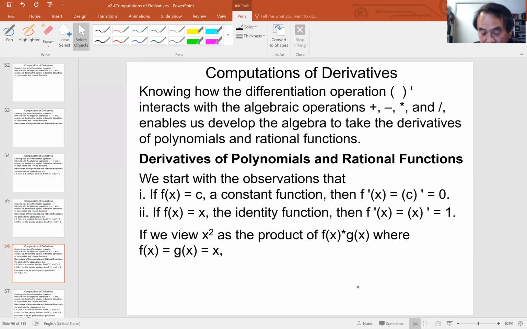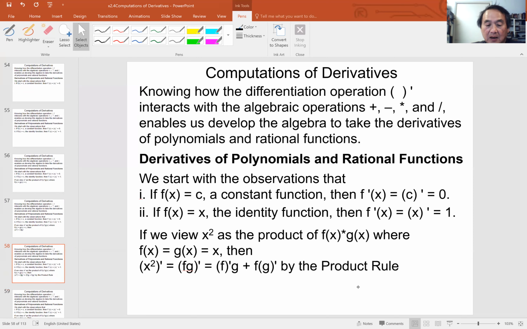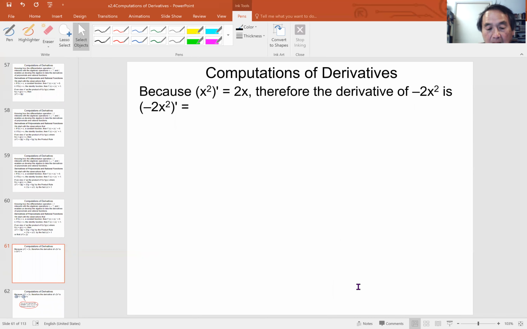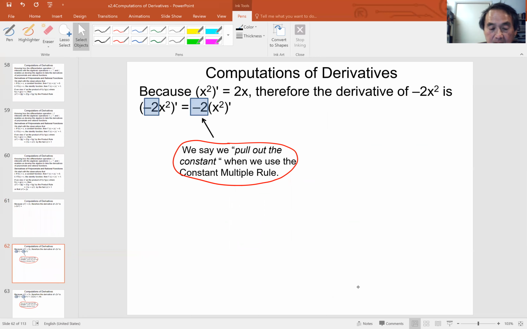So x squared is x times x. If I treat it as a product and invoke the product rule, then I get that the derivative of x squared is 2x. And if I multiply x squared by another x, okay.